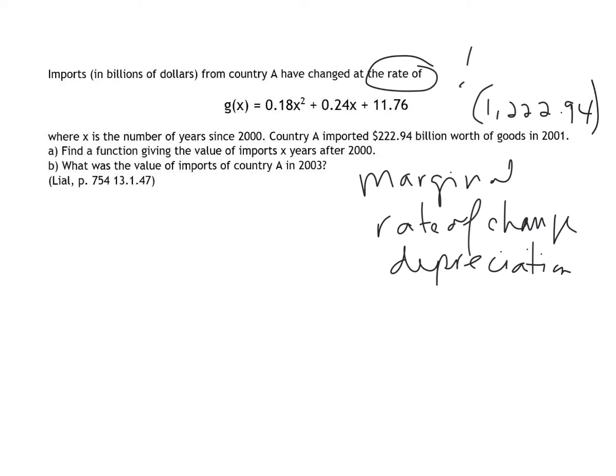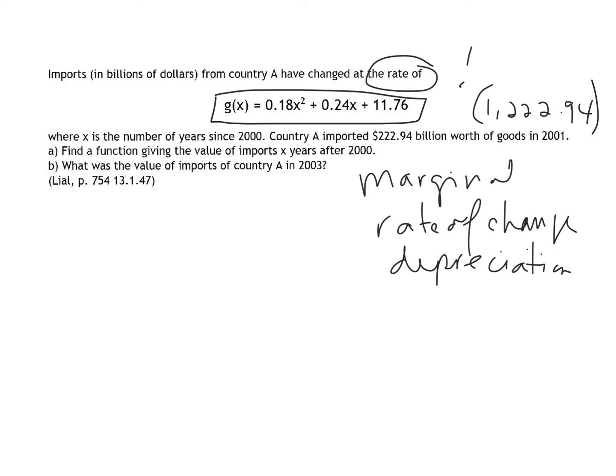Okay. So when it says find the function giving the value of the imports, that means find the original function, right? Not the rate of change of the number of imports, but the actual function. So that means we're going to reverse the derivative process. So we look at the derivative function, 0.18x squared plus 0.24x plus 11.76.